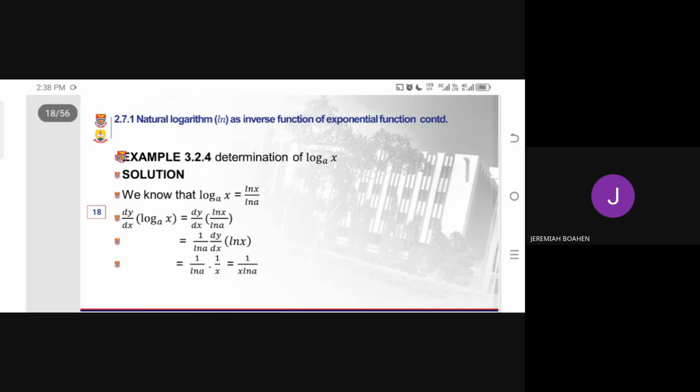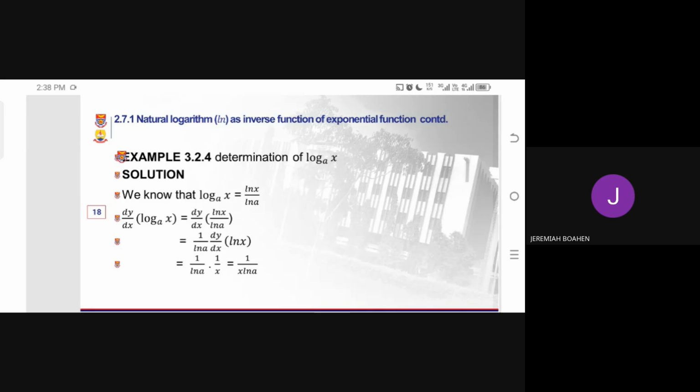Let's look at natural log as inverse of, oh no, we are continuing. So the derivative of log base a of x. We are saying that you can write log base a of x as ln x over ln a. And when you are being asked to find the derivative of log base a of x, you can find the derivative of both sides.